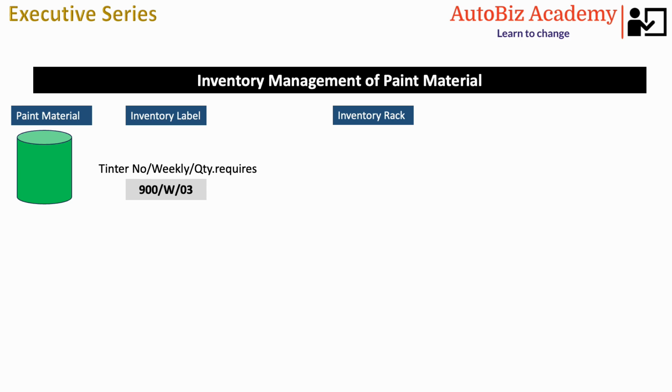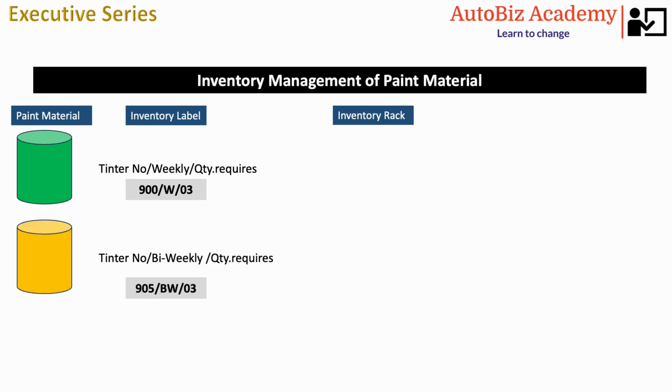the next week. The next label will be for the tinters which are high cost or low consumption. Then we require maybe 6 in a month, so we will keep the stock as bi-weekly stock.